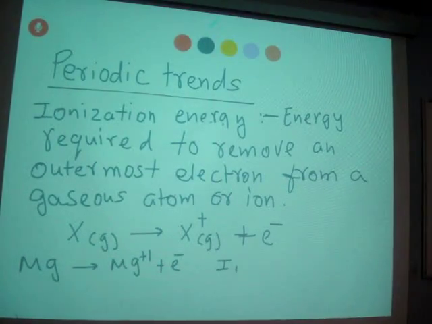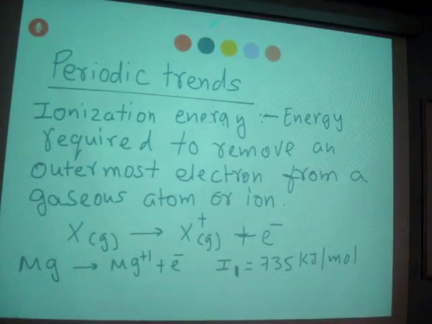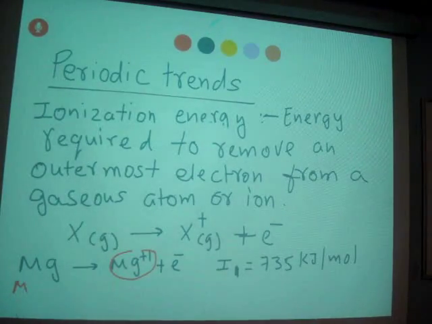So Mg becomes Mg plus 1 when we take out one electron. The first ionization energy, we can say I1, is 735 kilojoules per mole. Now let's say that for this Mg plus 1, we remove another electron.